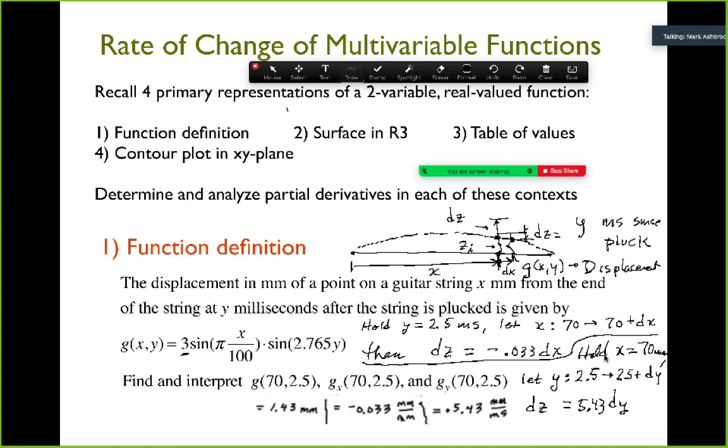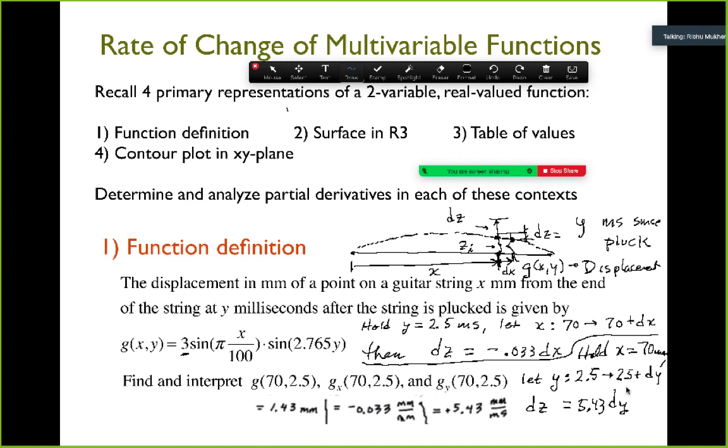So holding x fixed at 70 millimeters down the string, we let y change a little bit. The resulting change in displacement will be the rate, 5.43, times the change in time that we picked. Does it make sense?